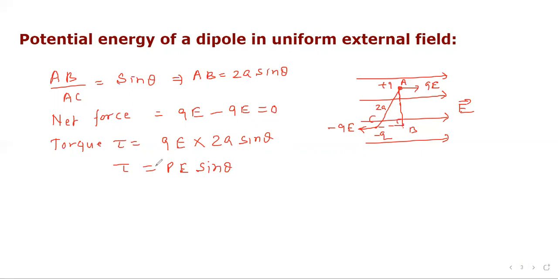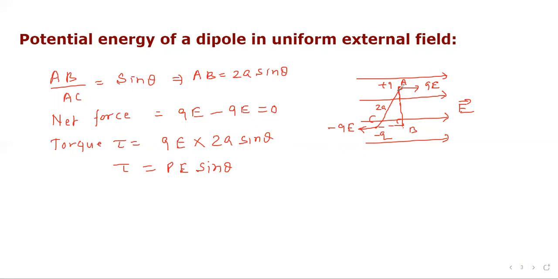This is torque. Now we have to find out the work done in rotating this dipole through an angle theta, but we will consider the dipole to be at 90° to the external electric field, and then we will try to rotate it through angle theta.